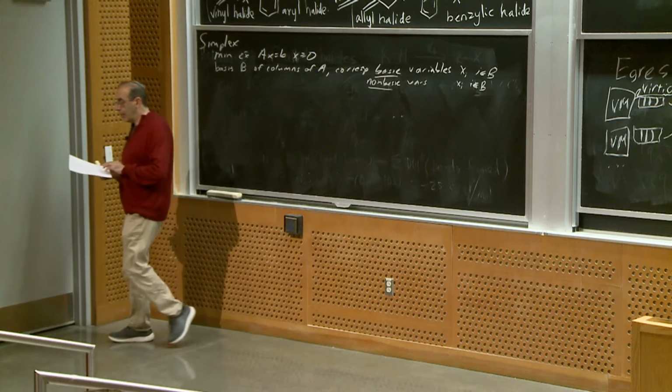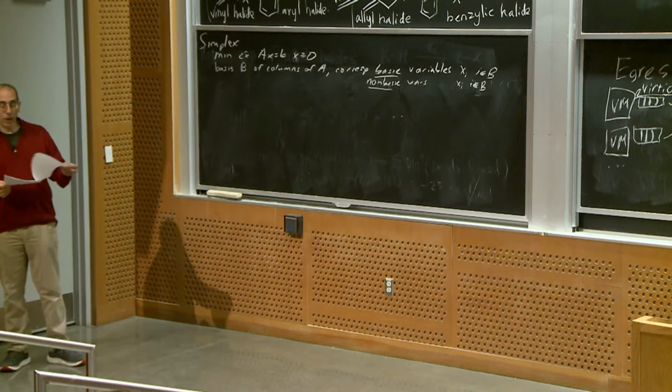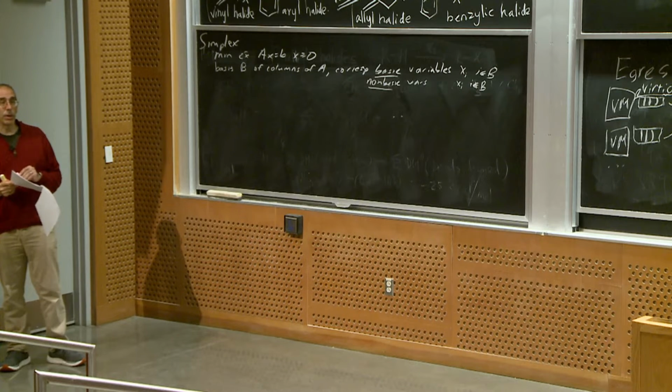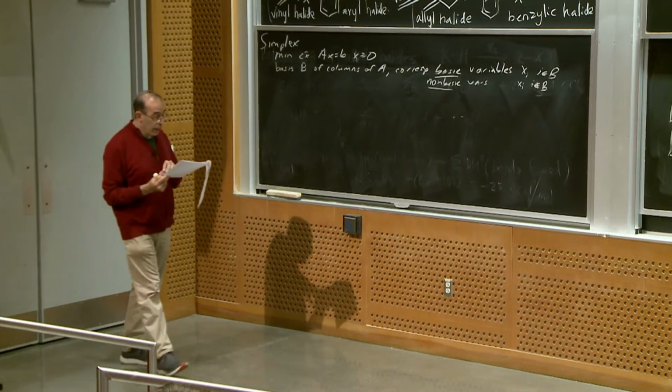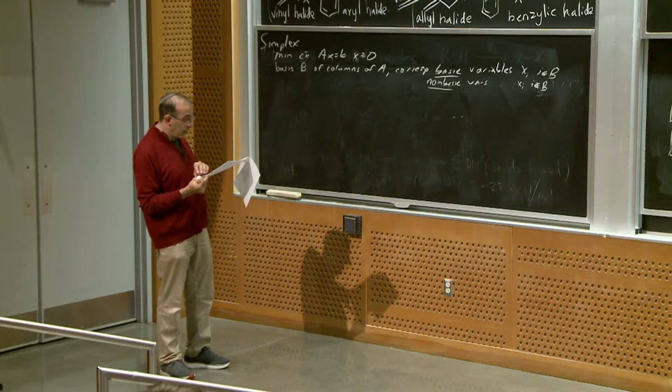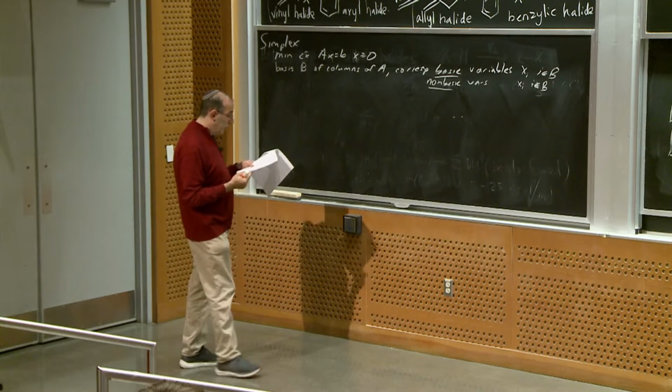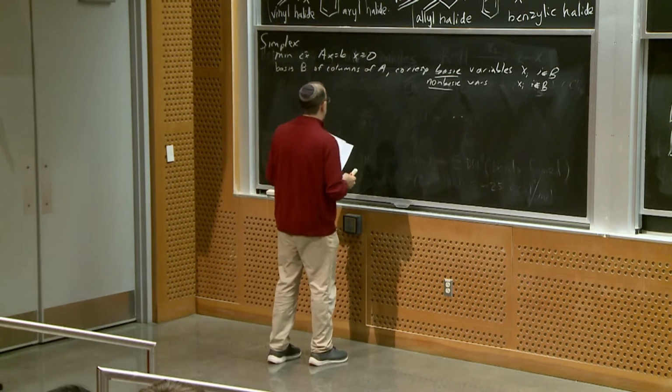And our idea was that we sort of argued that every basic feasible solution in the polytope corresponded to a basis, right?